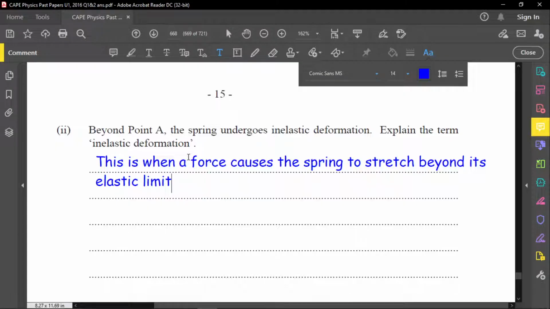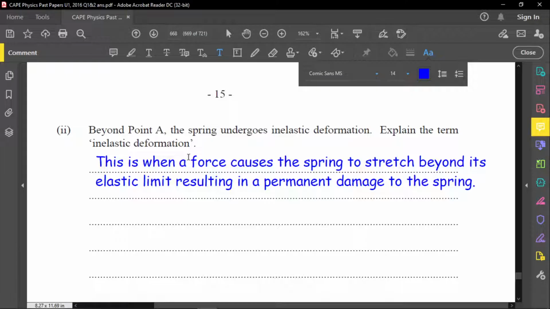All right, so that's very important. So the force applied to it will cause the spring to stretch beyond its elastic limit, resulting in a permanent damage to the spring. Okay, very important. So permanent damage is done to the spring.